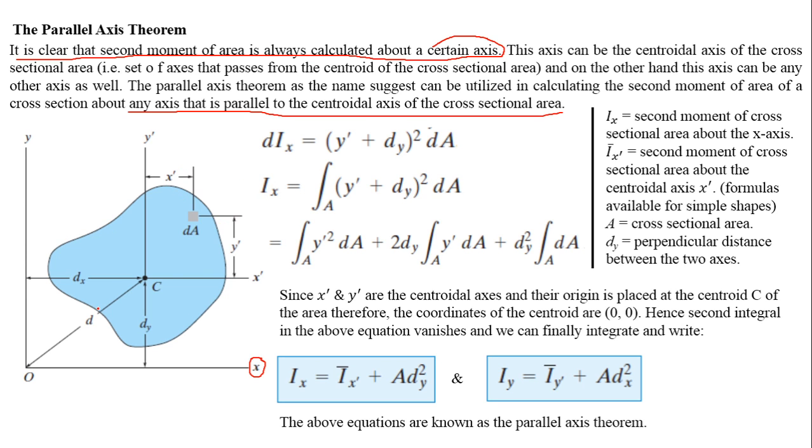So let us define an arbitrary shape area like this, and it has a centroid C, and the centroid C has been considered as the origin for the centroidal axes x dash and y dash.